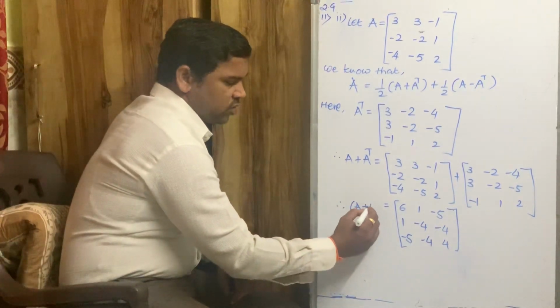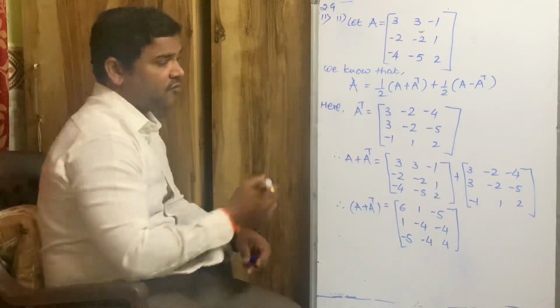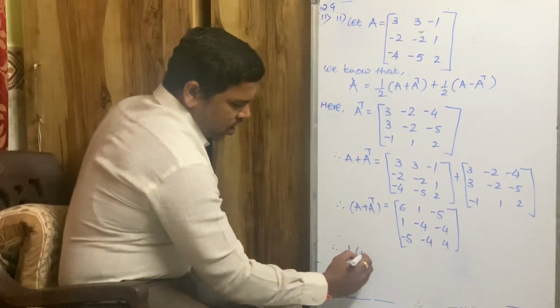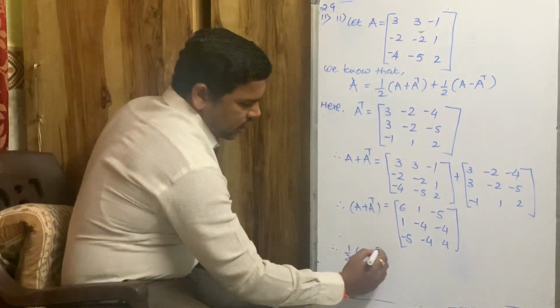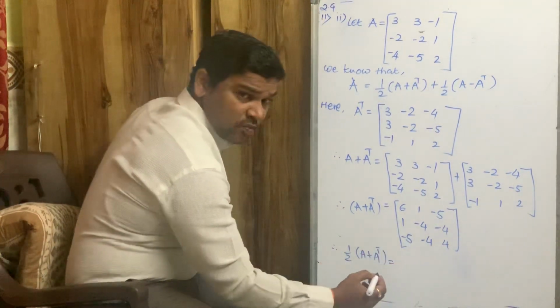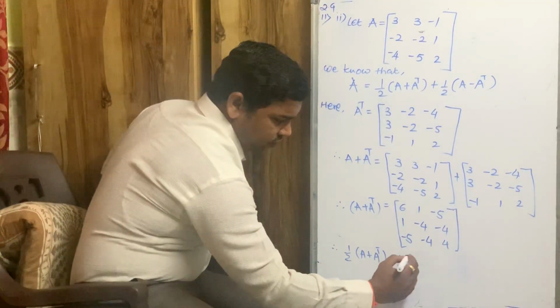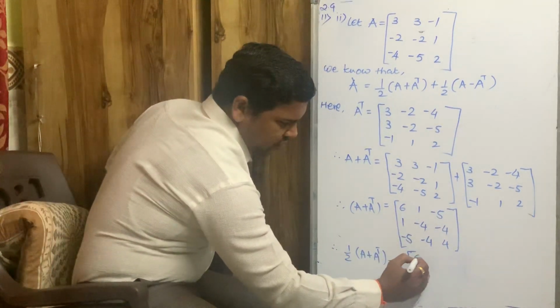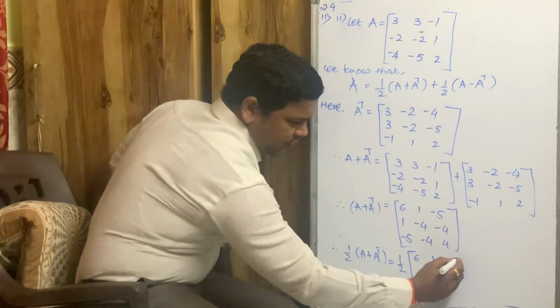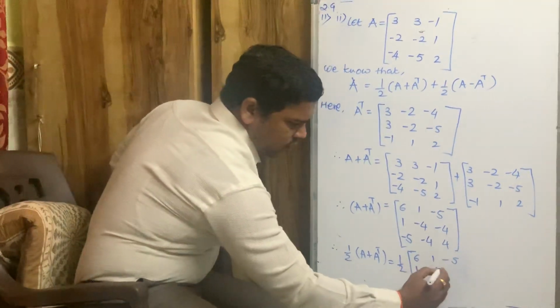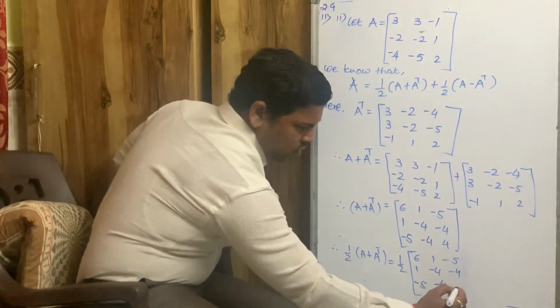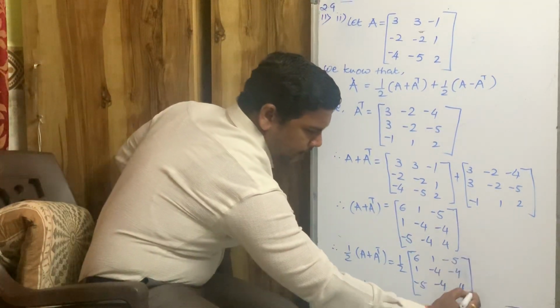Now we want half of A plus A transpose. So half of A plus A transpose is equal to, just multiply by half, the complete matrix. Write down the complete matrix: 6, 1, minus 5 first row, 1, minus 4, minus 4 second row, minus 5, minus 4, 4 third row.